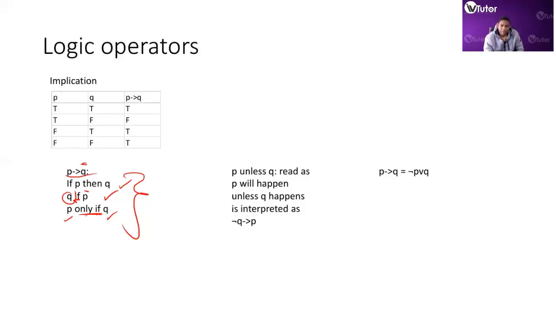So another interpretation is whenever you see the word unless. Unless has an implication inside it. So I can say John is married unless Jane is married. What does this mean? John is married unless Jane is married.